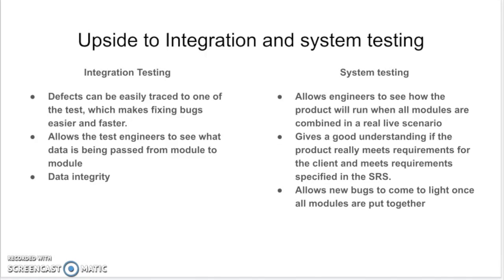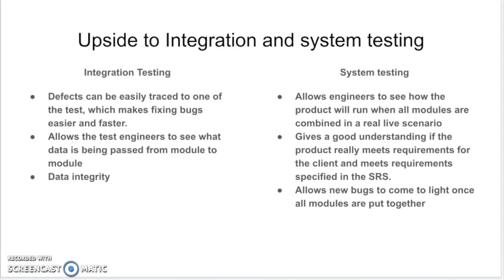Some of the upsides for system testing is that it allows engineers to see how the product will run when all modules are combined in a real live scenario. So during the development process, the code is split up and a lot of different developers work on specific parts of the software, but when it all gets put together, it allows the engineers to see the entire process.